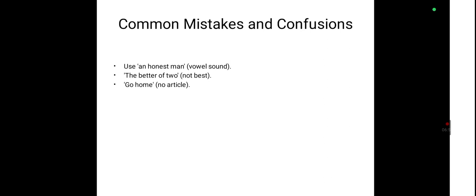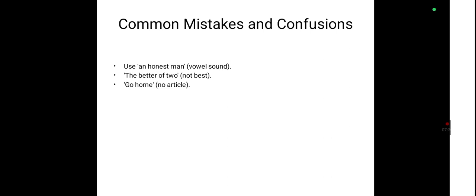So now let us discuss the common mistakes and confusions when we are using articles. The common mistake is that we use a honest man; I have already discussed that the word honest starts with a consonant letter but has a vowel sound.